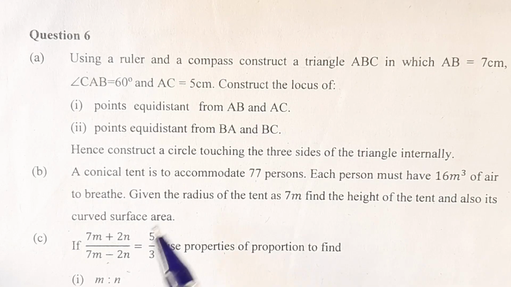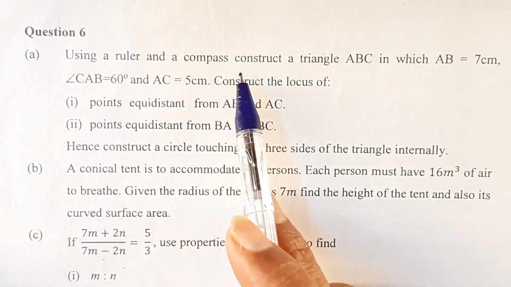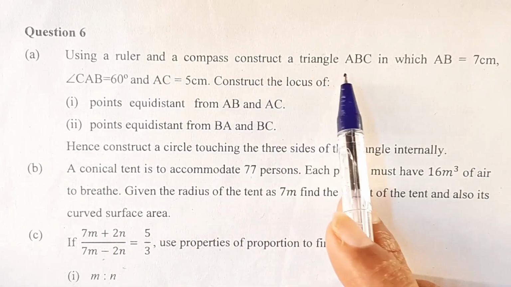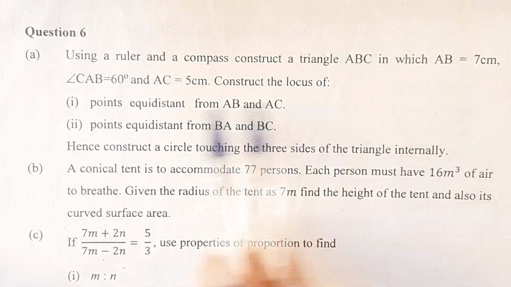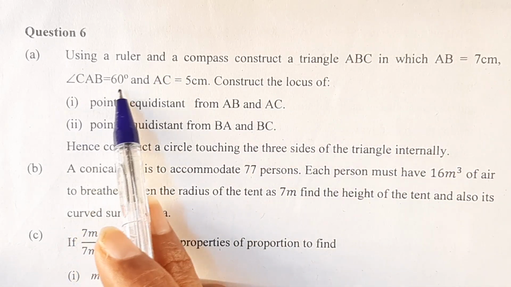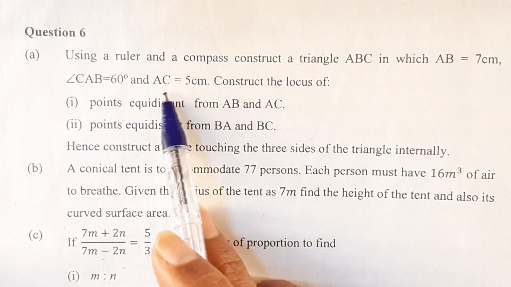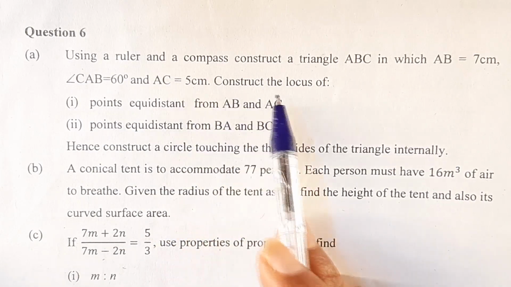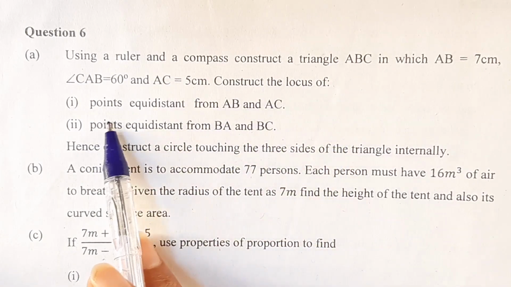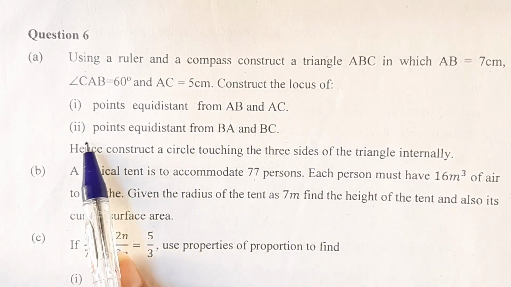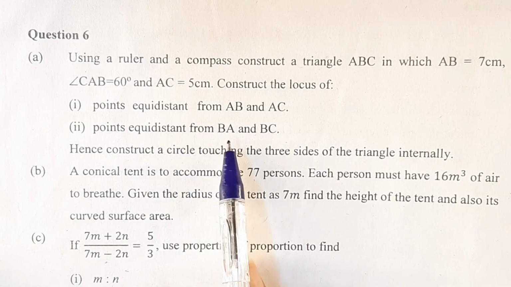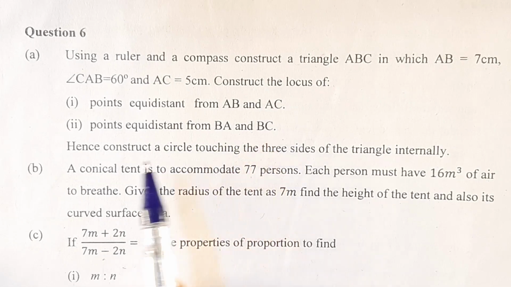Question 6a. Using a ruler and compass, construct triangle ABC in which AB is 7 cm, angle CAB is 60 degrees and AC is 5 cm, and construct the locus of points equidistant from AB and AC, and number 2, points equidistant from BA and BC.